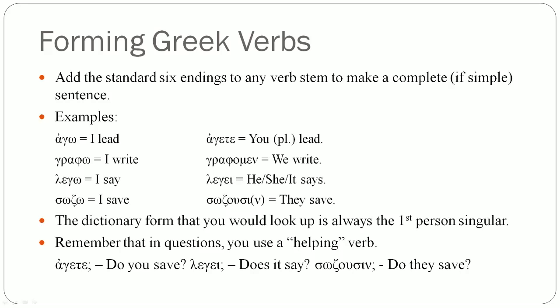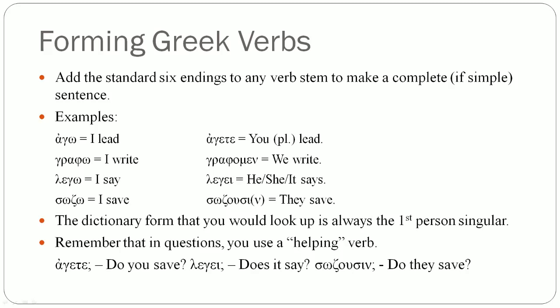And the last verb there, sozo. Sigma, omega, zeta, omega. Sozo. It means I save. If we want to change it to they save, sozusi, or sozusin with the movable nu. Depending on what comes afterwards, it might have the nu or it might not.